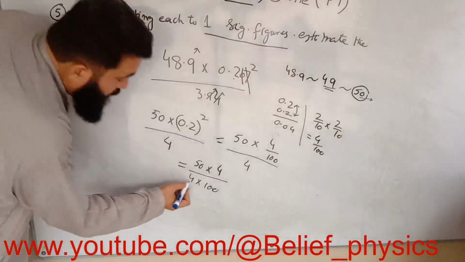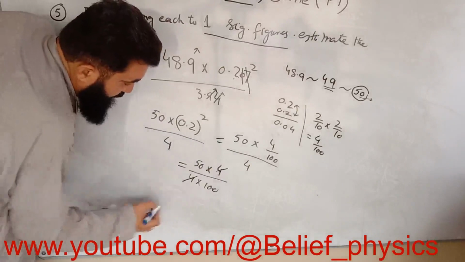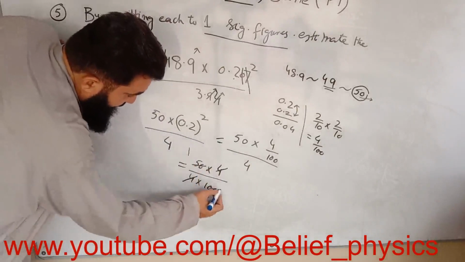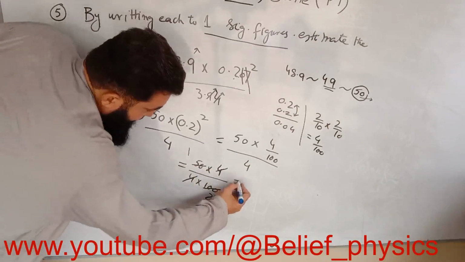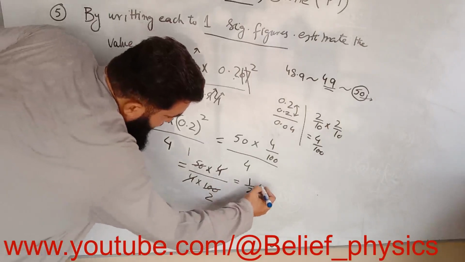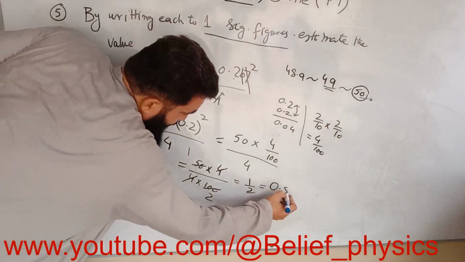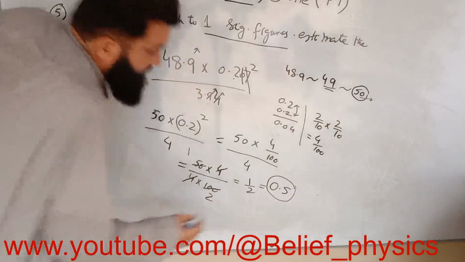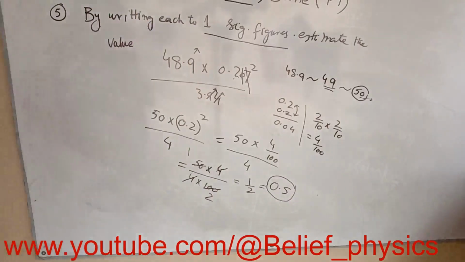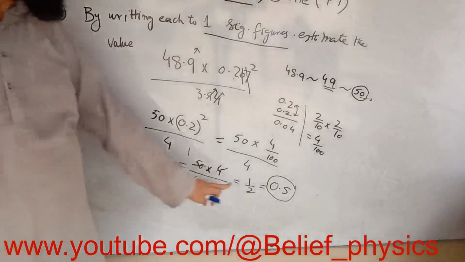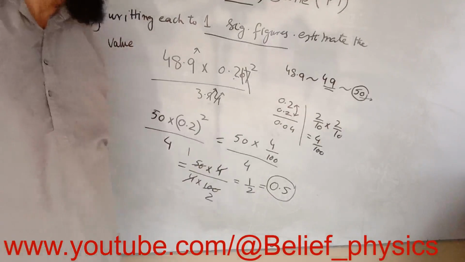Now this 4 is cancelled with this 4, and this will become 1/2, and 1/2 is again equal to 0.5. So 0.5 is the answer of this expression. What did we do? We converted each number to one significant figure and then we simplified. 1/2 is the answer or 0.5 can also be the answer.